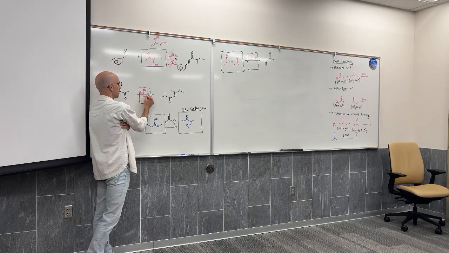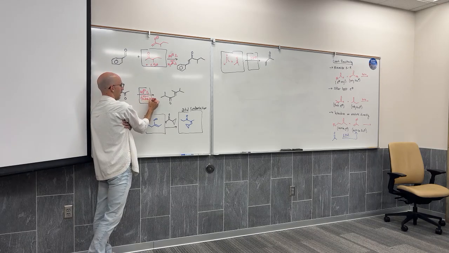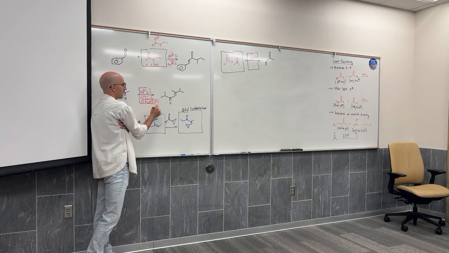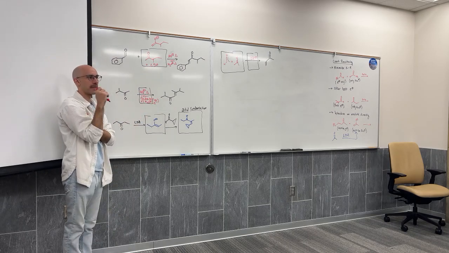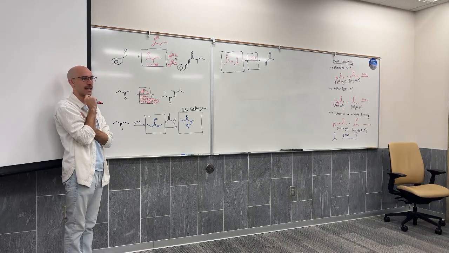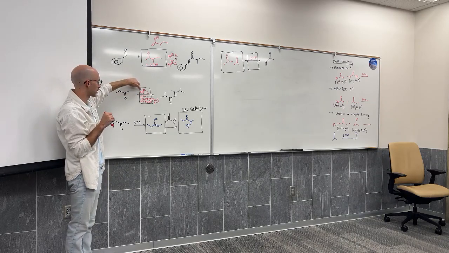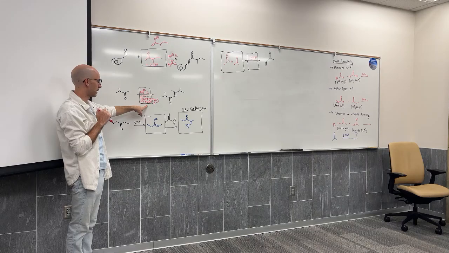But it would be better to add LDA at half an equivalence and then follow it up with acid and heat to drive the condensation step. So I would have accepted hydroxide and heat. Probably the best method would be this.